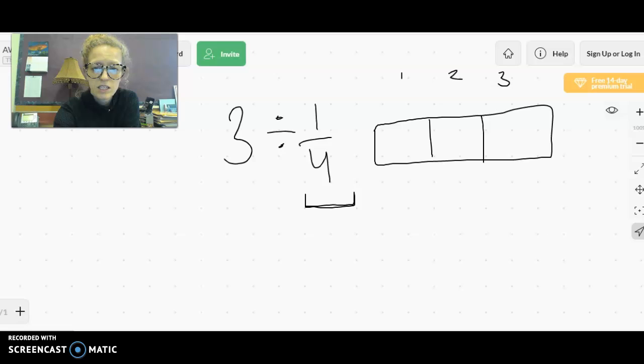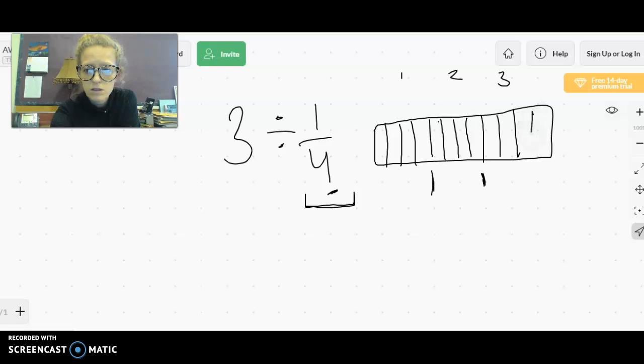So I'm going to divide each of these wholes into fourths, right? So 1, 2, 3, 4. That's 1. I'm going to put a little marker there to separate it. 1, 2, 3, 4. There's our second hour. 1, 2, 3, 4. Kind of got a little chunky there at the end, but as long as my slices are fairly even. So I have 3 whole hours. Each hour is divided into 4 slices.